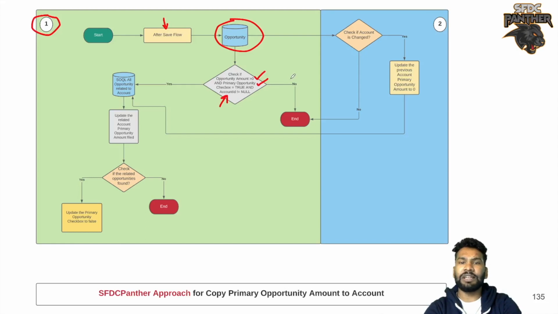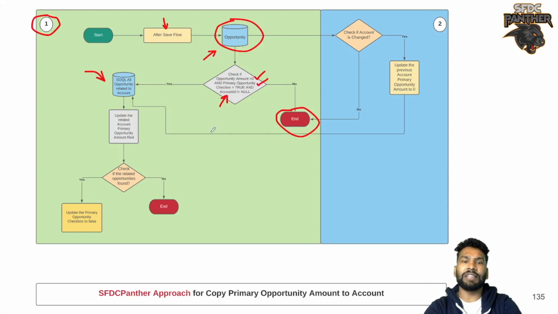If this condition isn't met, we end the flow, since we don't need to perform any action there. If the condition is true, we query all the opportunities related to that account where the primary opportunity checkbox is true and the ID isn't the ID of the opportunity we are dealing with.